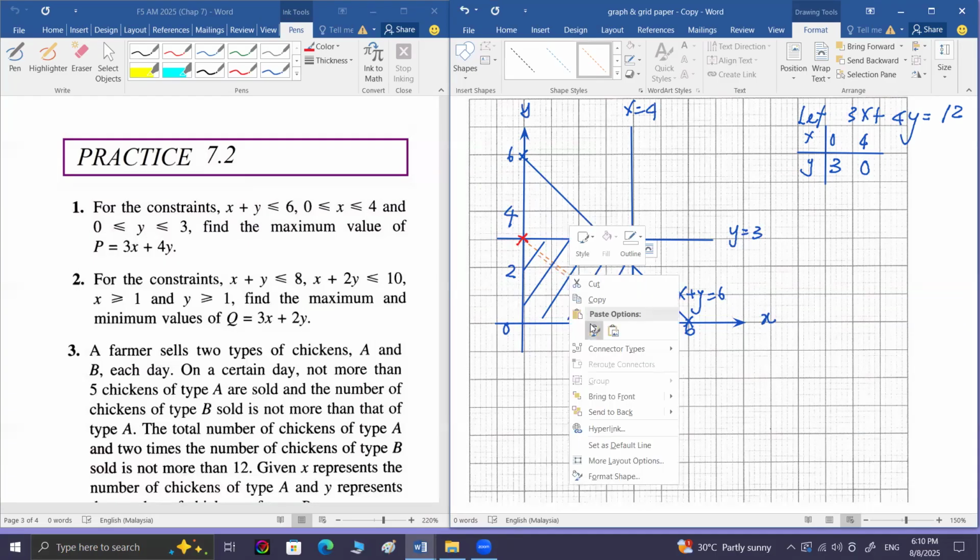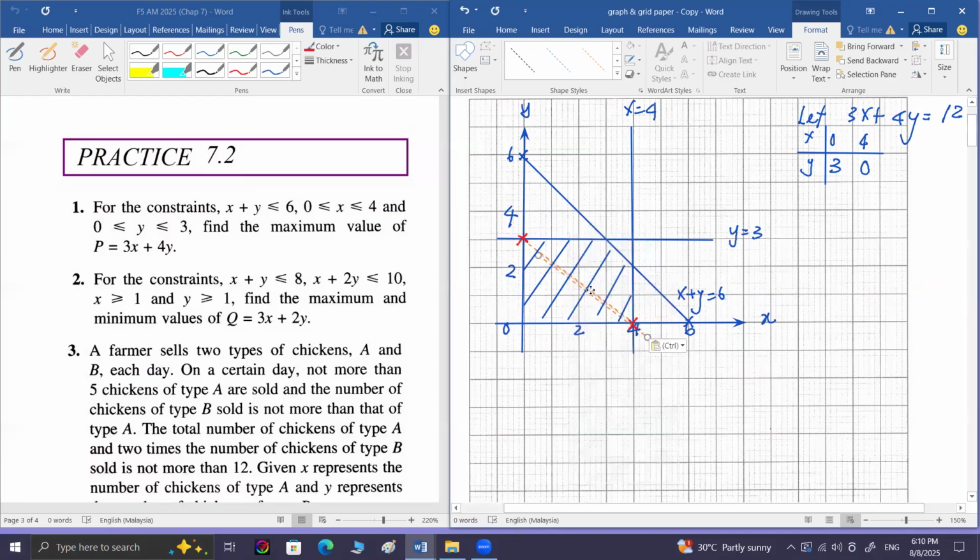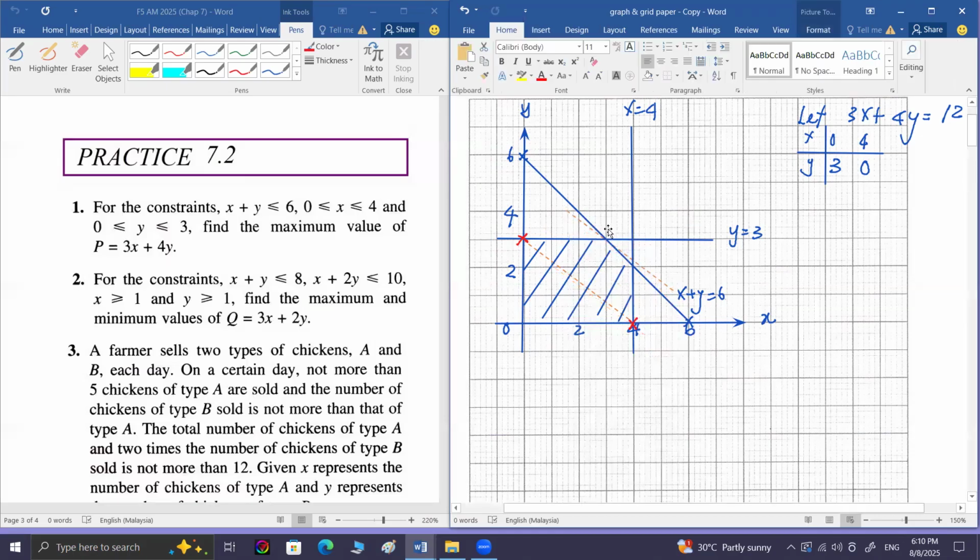So to get maximum value, class, for this line, you shift it to the last point. Last point in the shaded region. See? Yeah, I shift it to the last point already. Can you see this point? The last one. If let's say it's minimum, you go down to the last point also.